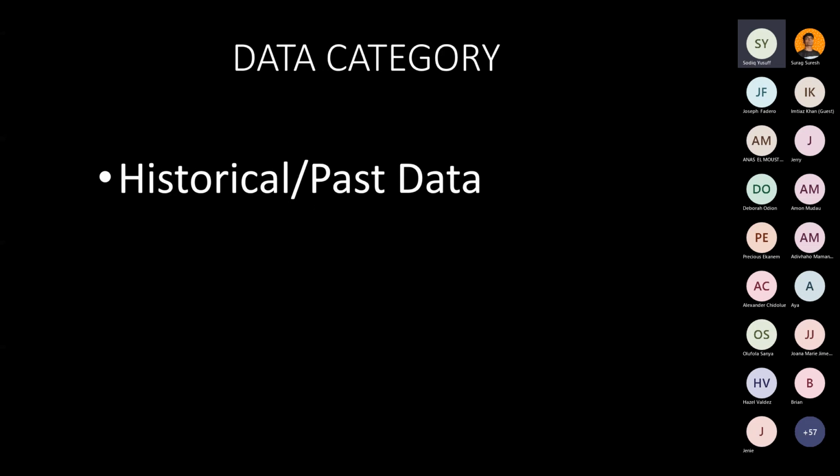It tells you what has happened in the past: your sales trend, your employee performance, and so on, how they have been doing. Or you can take it further and do what we call diagnostic analysis. That is, with historical data, you can know why all these things happened. Okay, our sales have not been doing so well in the past 3 months.